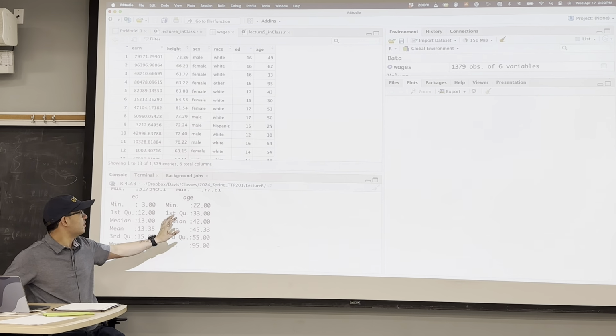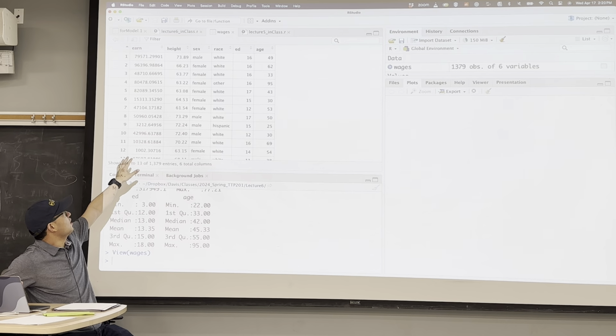We have a column of earnings, a column of the height of the individual, the gender, race, the years of education that they've had, and the age of the individual. Okay. So we ran a regression.